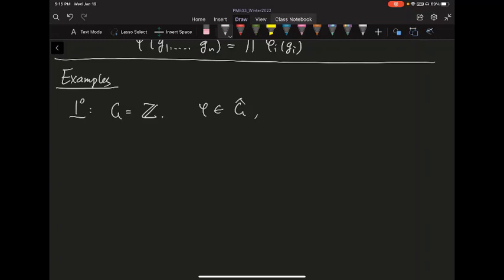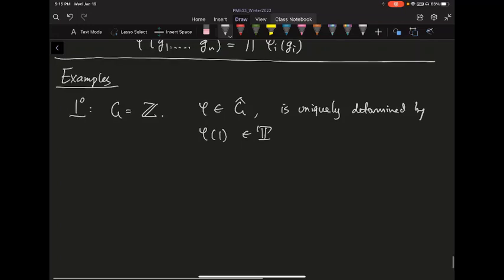This is going to be uniquely determined by the generator, which is phi of 1, which has to be inside the unit circle. It can be anything, because once you decide phi of 1, then for every n inside the integers, phi n is just phi 1 to the n, positive or negative, and that defines a homomorphism.